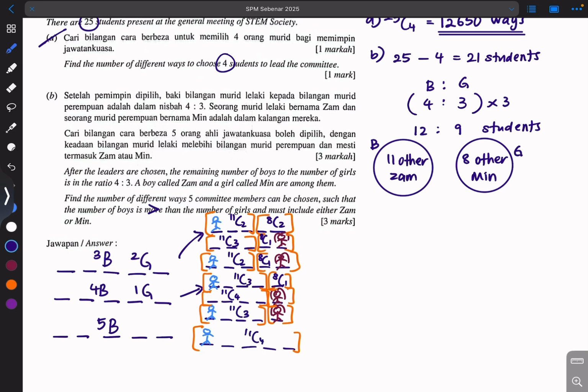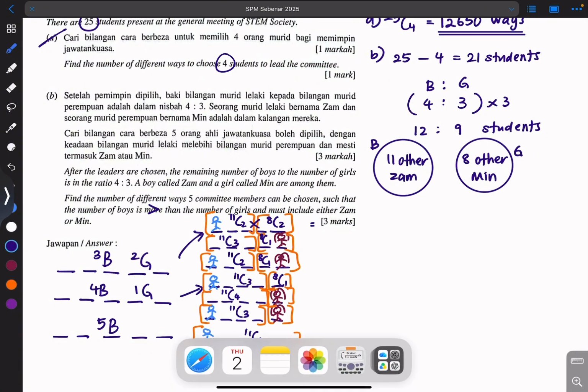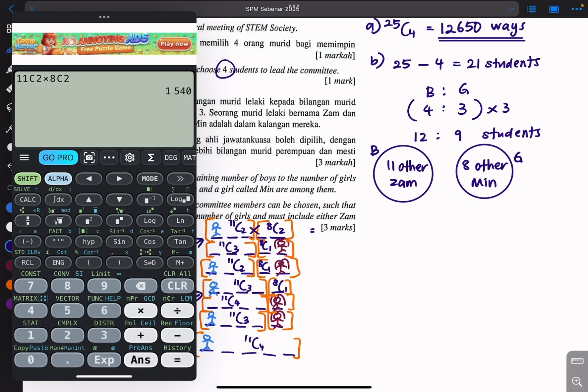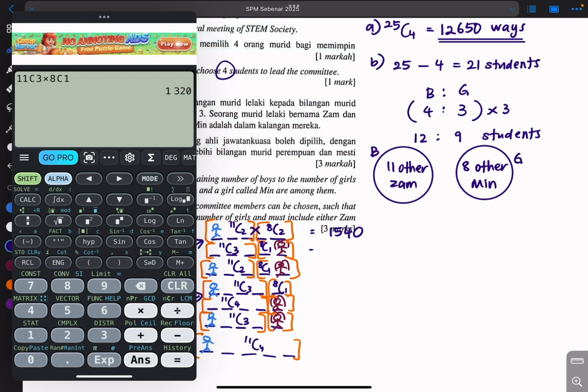Okay, now we have to add all this. So the first one is 11C2 times 8C2. We get 1540. Okay, then the next one 11C3 times 8C1. 1320.